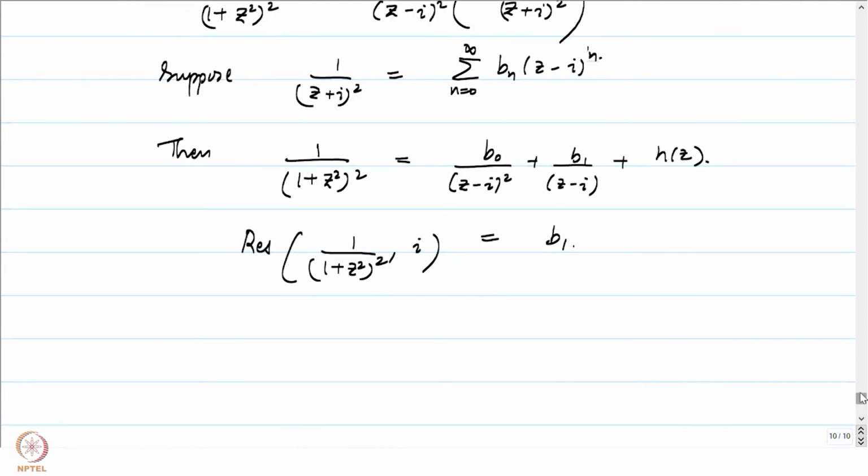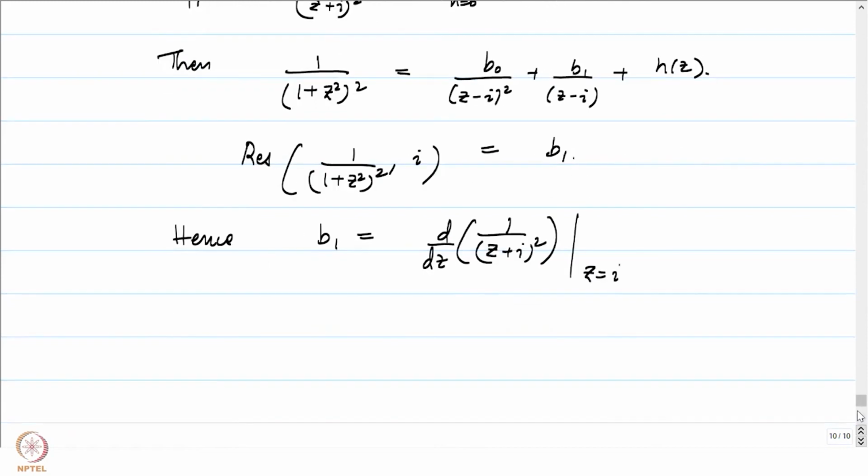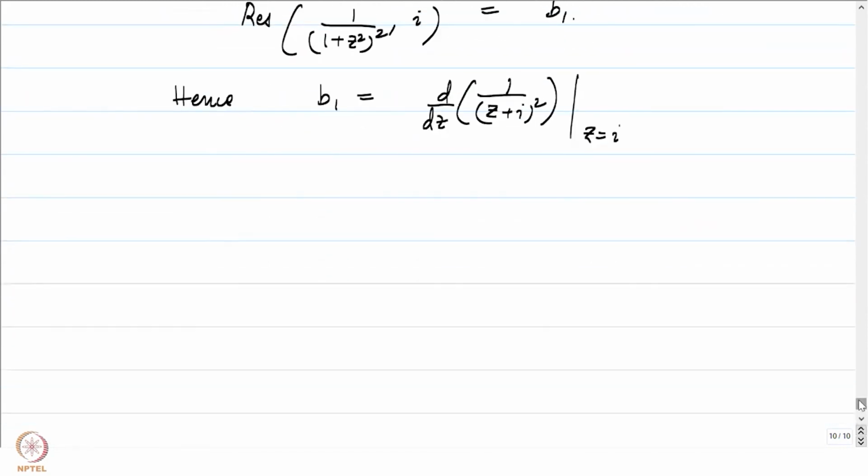And hence, b1 is just going to be equal to d by dz of 1 by (z plus i) the whole square evaluated at z is equal to i. The power series expansion is around i after all. If you sit down and do the computations, this is going to be equal to 1 by 4i.